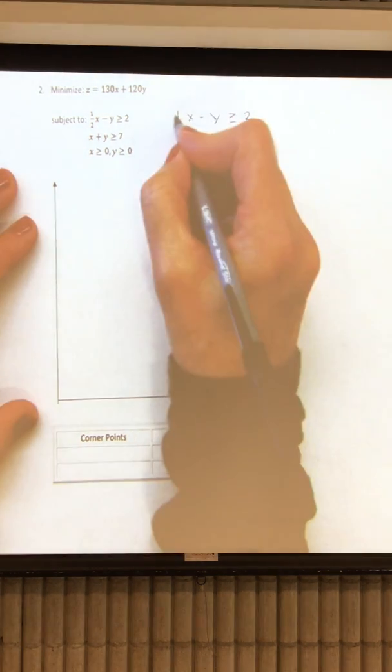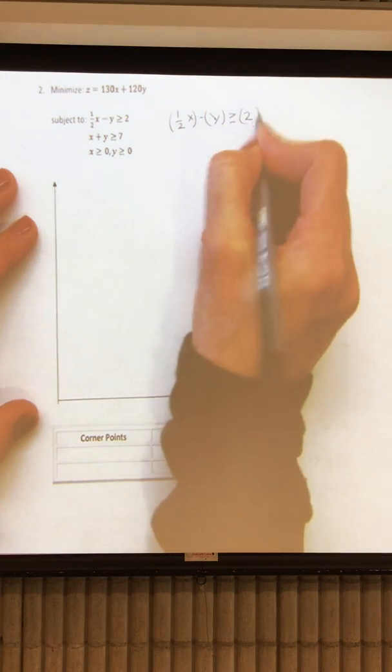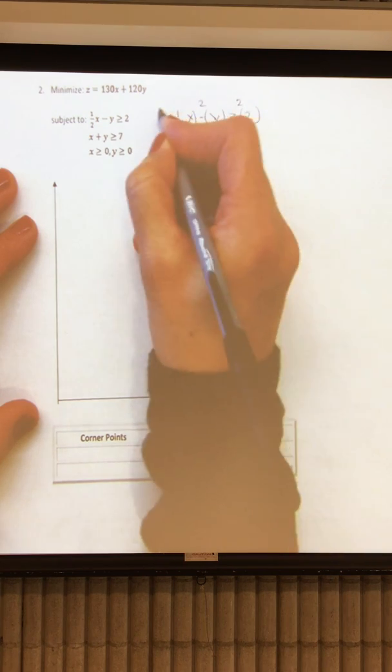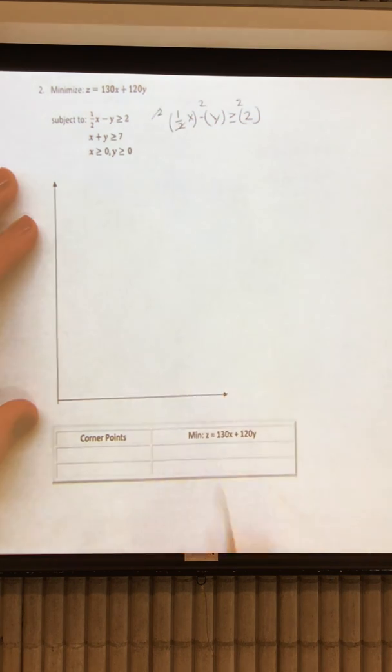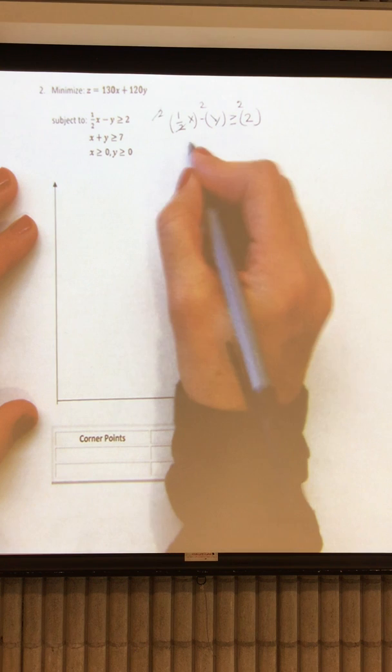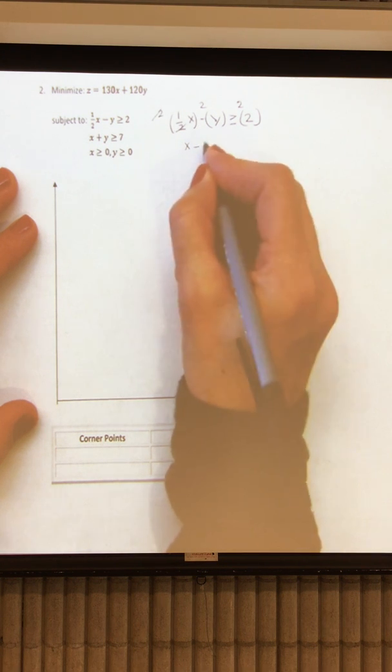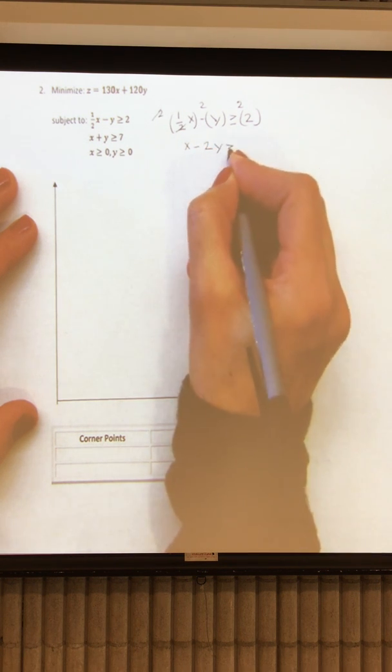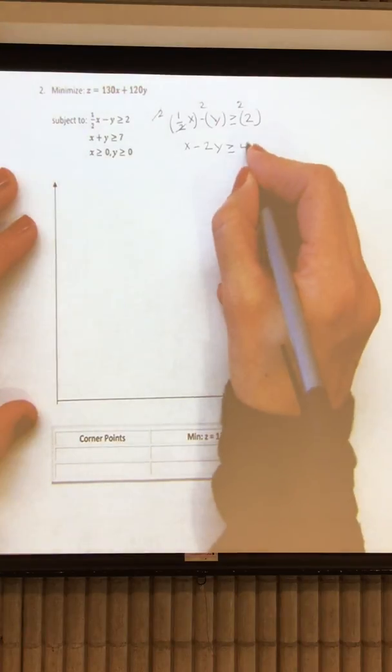So let's multiply all terms by 2. So here the 2's cancel, so we're just left with 1x. 1x minus 2y is greater than or equal to 4.